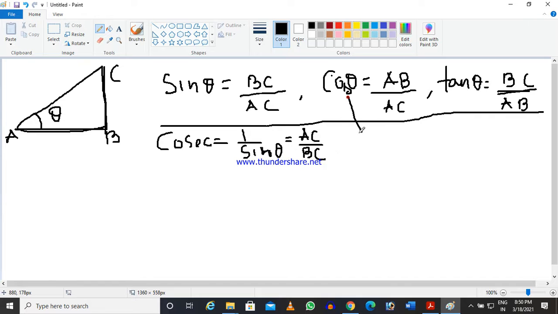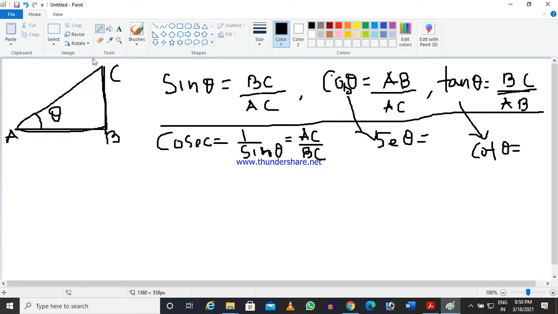Another is the opposite of cos theta, called sec theta, which is 1 by cos theta, nothing but AC by AB. The opposite of tan theta is called cot theta, which is nothing but AB by BC. Basically cot theta is equal to 1 by tan theta. So this is the very fundamental of sine, cosine and tan theta.